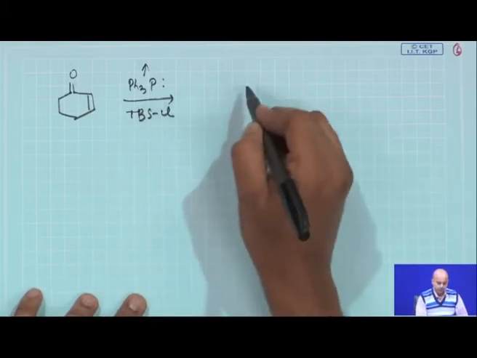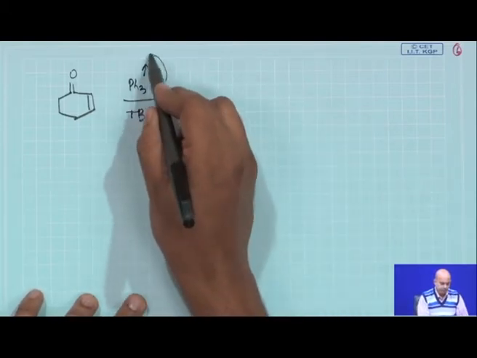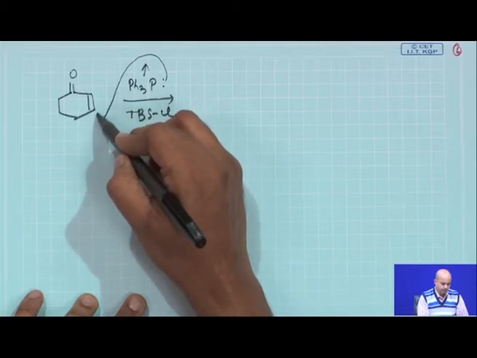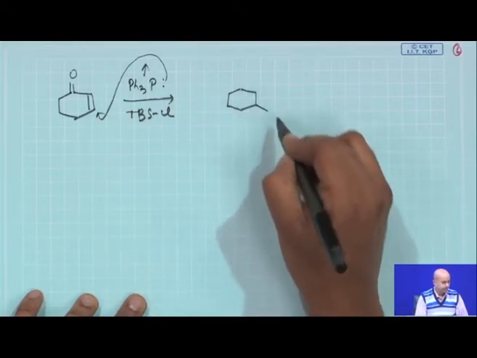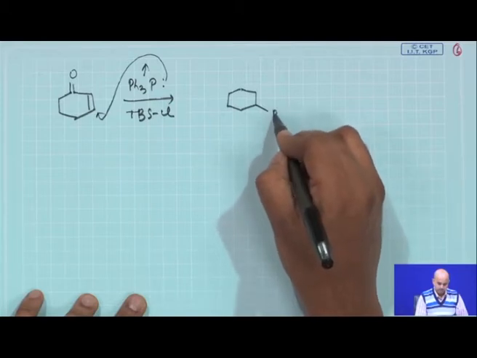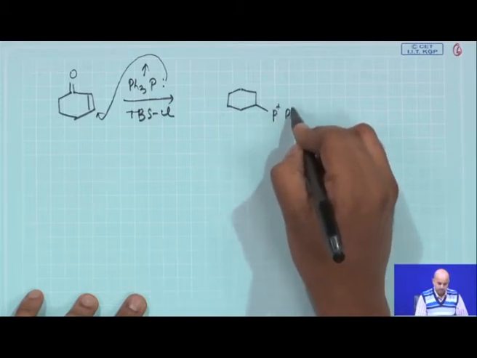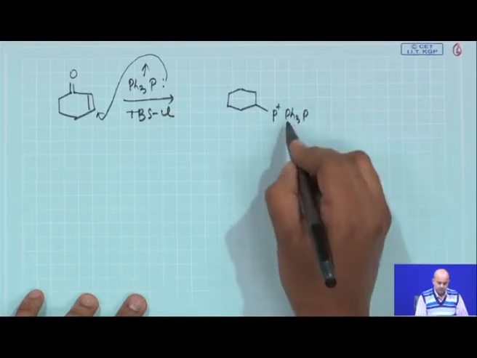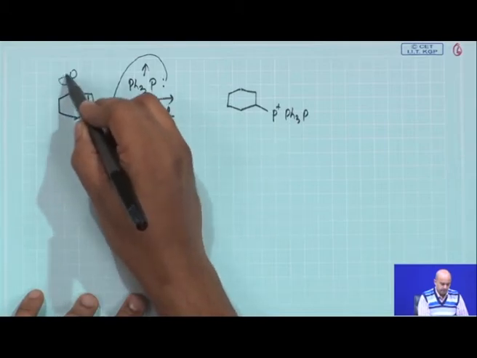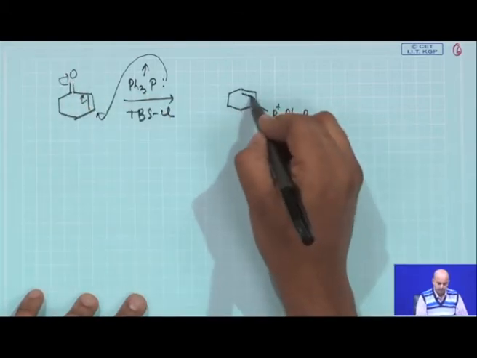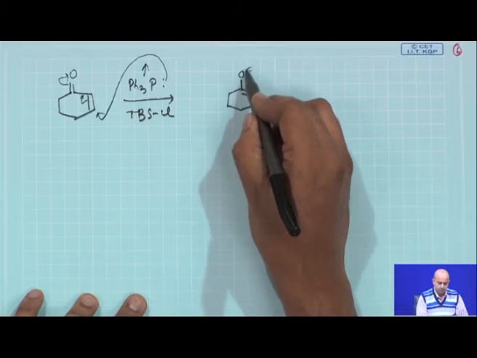Now, TBS chloride, why it was used: first this undergoes a Michael type addition. So, now this triphenyl phosphine becomes P plus and this basically comes here. So, you are having this O minus.